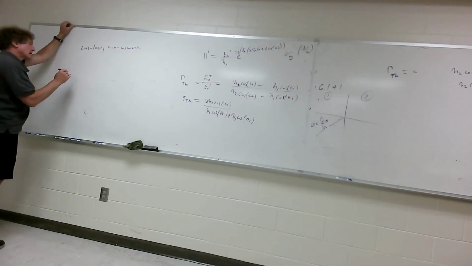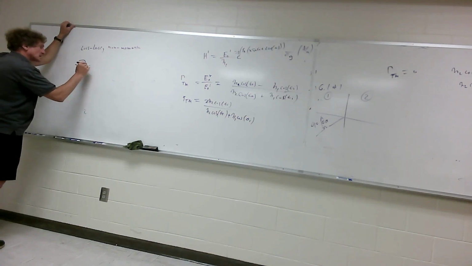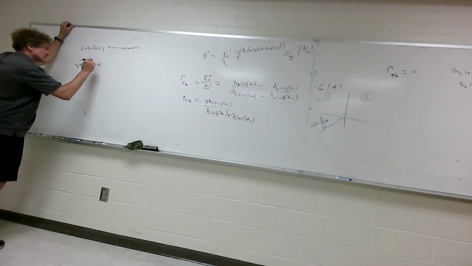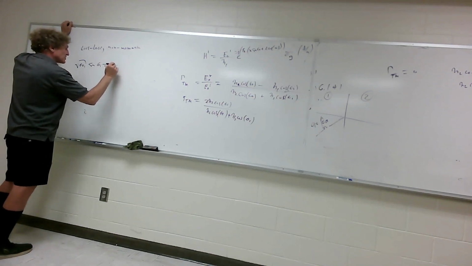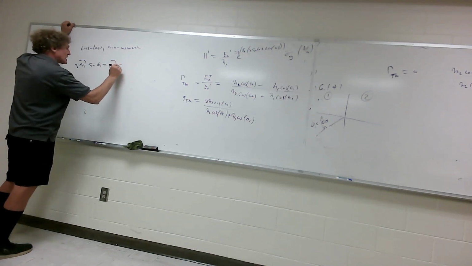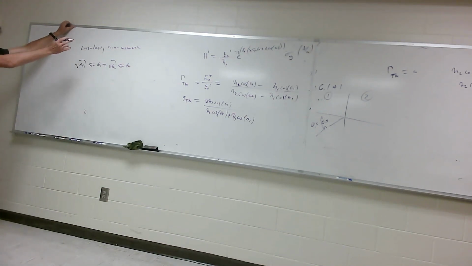So if you remember what Snell's law would be, it's square root of epsilon relative 1 times the sine of the incident angle equals square root of epsilon relative 2 times the sine of the transmitted angle, if it's lossless and non-magnetic. Does everybody agree with that part? Can you all see?